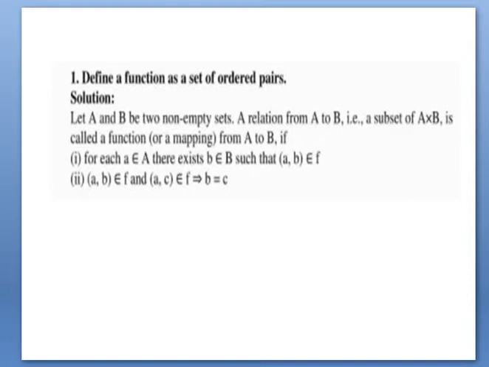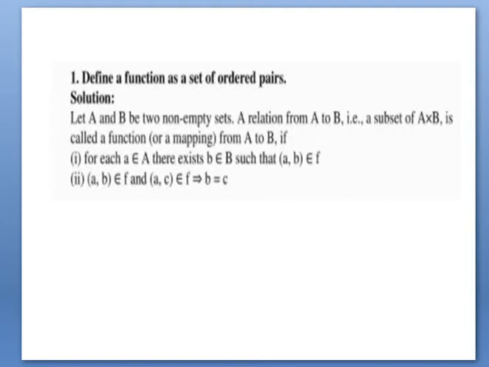So a relation is a function from set A to set B if it satisfies the following conditions. So what are these conditions? The first condition is, for each a belongs to capital A, that means for every element of the set A, there must exist an element in set B. In our first class itself, I told you that a small letter represents an element, and a capital letter represents a set.